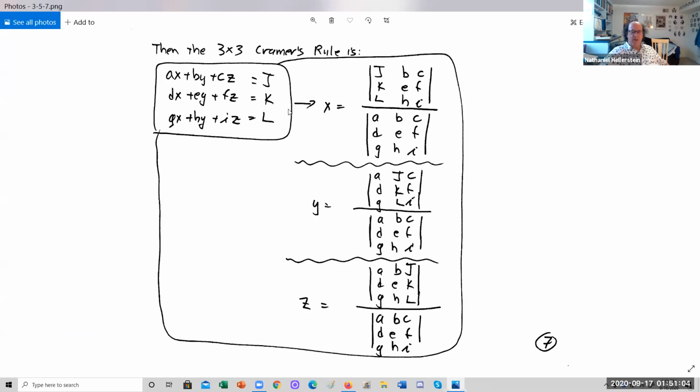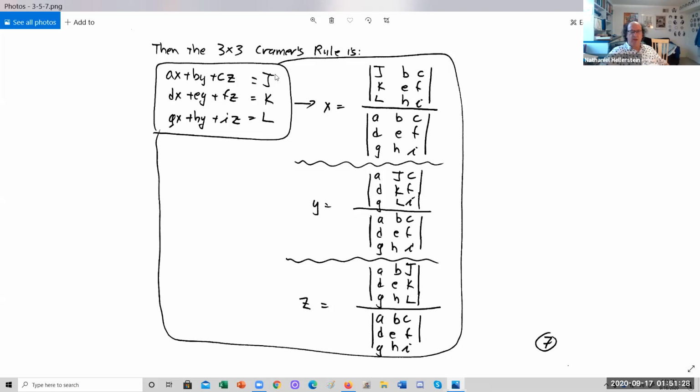With that definition of determinant, you get a 3x3 Cramer's rule. So here we have this 3x3 system. AX plus BY plus CZ equals J. DX plus EY plus FZ equals K. GX plus HY plus IZ equals L. And X, Y, and Z are each of them ratios of determinants. And for each of them you have the determinant of the coefficient matrix, A, B, C, D, E, F, G, H, I, here, here, and here.